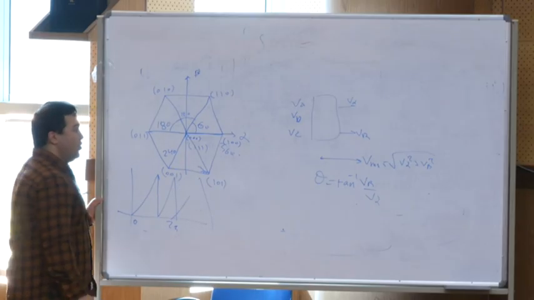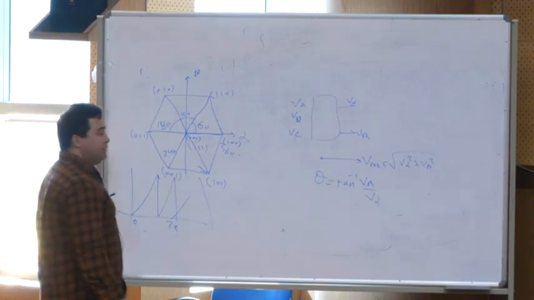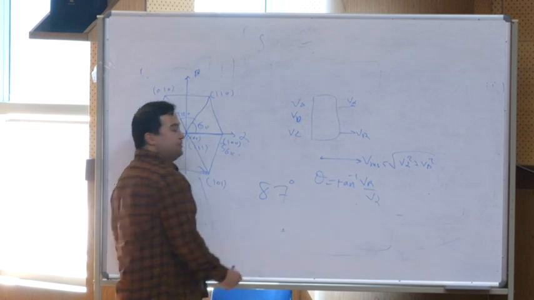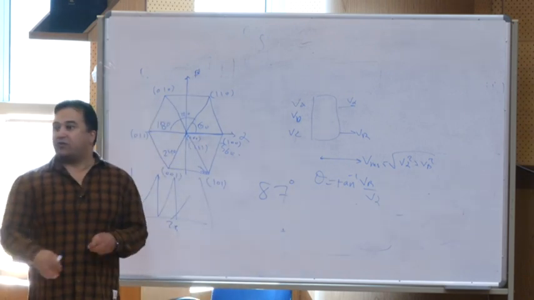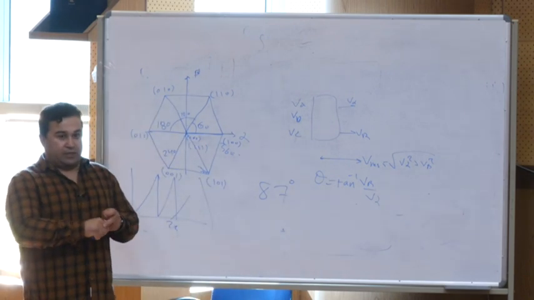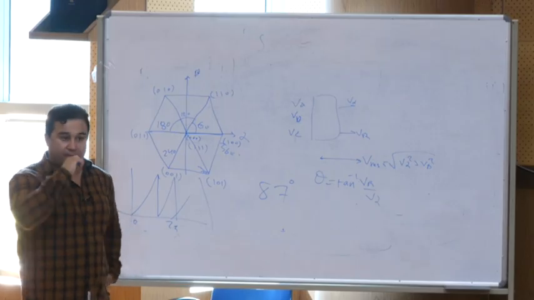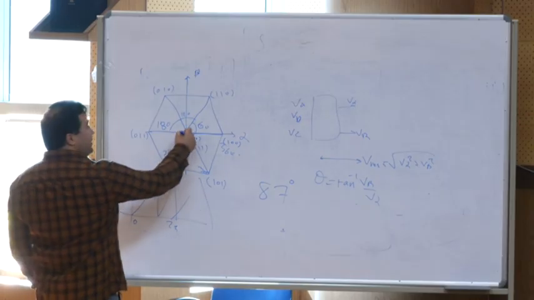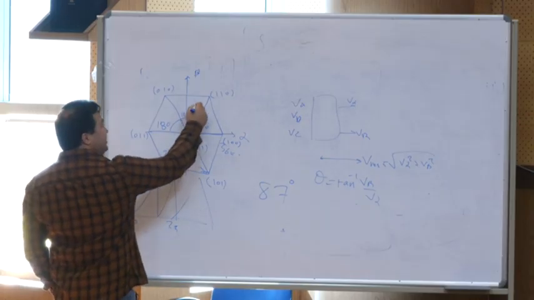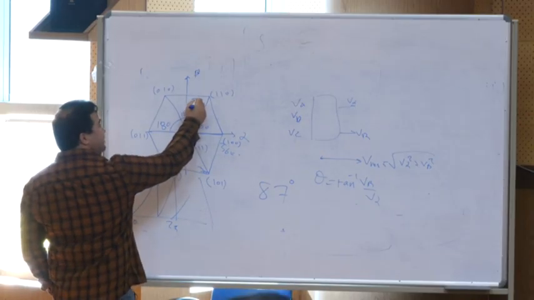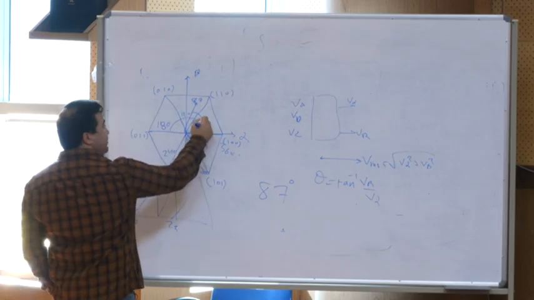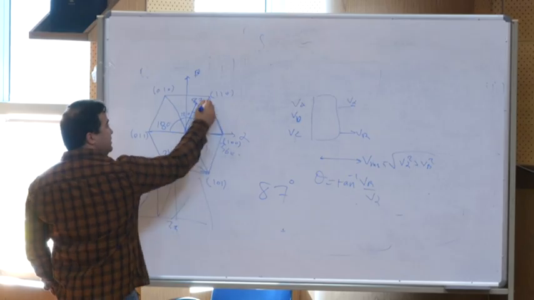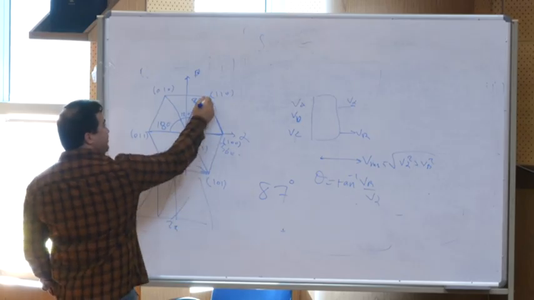Okay. So if we get, say, 87 degrees as the instantaneous value of the angle of the grid, it means that the converter reference voltage is here, at 87 degrees, not here. So the switching method is different from here to here.